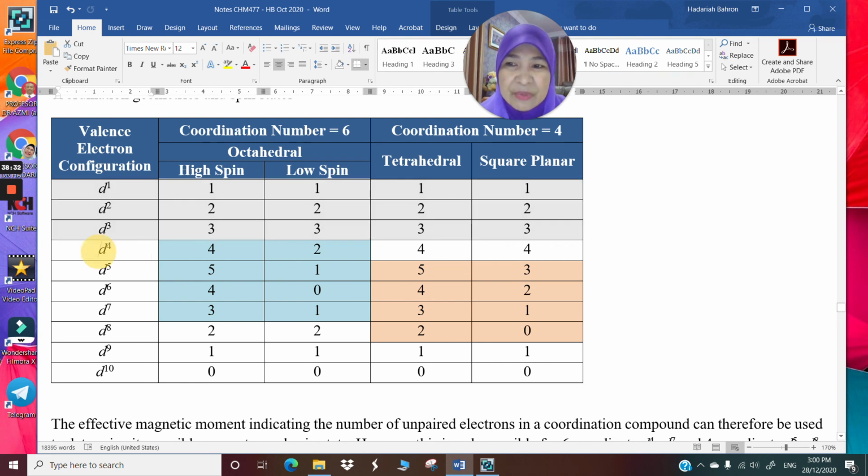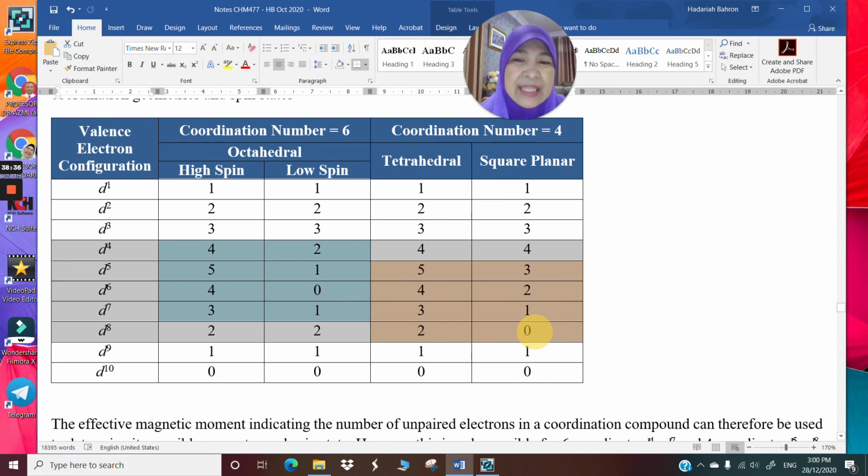But in the case of D4, D5, D6, D7, and D8, it is quite possible for you to determine the geometry of your compound based on the magnetism or the number of unpaired electrons found in each species.